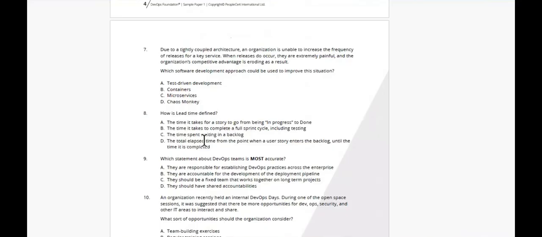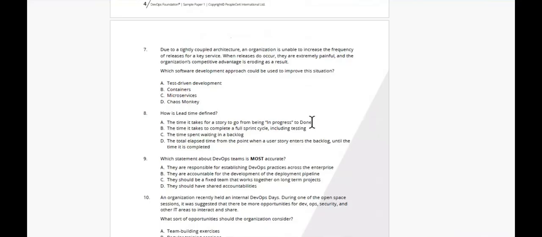D, the total elapsed time from the point when a user story enters the backlog until the time it is completed. Yeah, that sounds a lot like A. Let me double check that. A says the time it takes for a story to go from being in progress to done.